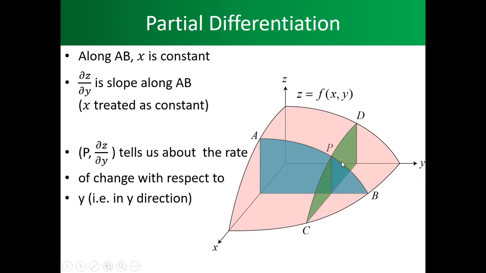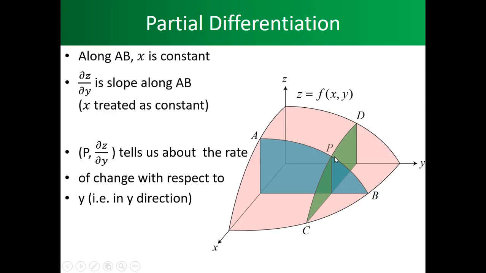Okay, let's look at point P here. Let's take the partial of z again. Okay, this is the point P we're at. And we want to take the partial of z, like we just did a few seconds ago. As z changes, it's going up and down.